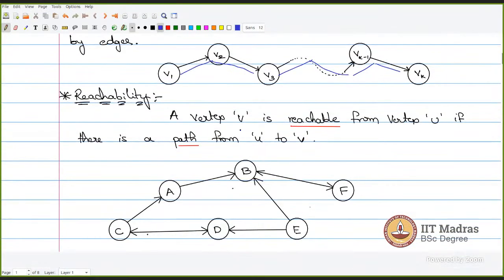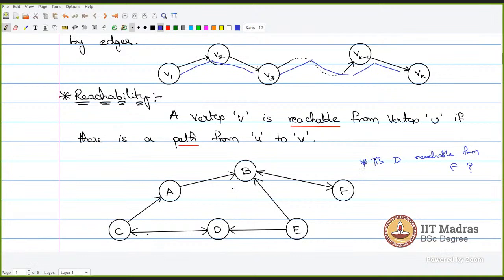So here is an example. If a graph is given like this, this is a directed graph. By now you should know what is directed and undirected. Questions might be like, if I ask you, is D reachable from F?